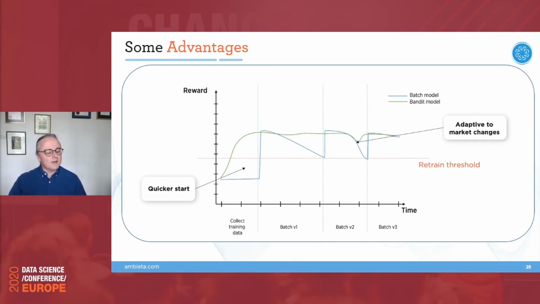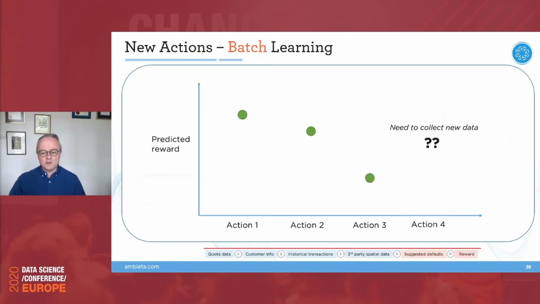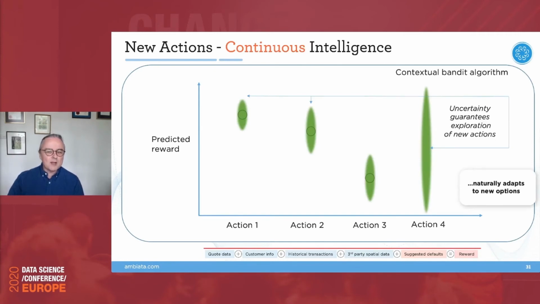There's also another advantage, which is what happens when you introduce a new action. In the batch learning model, you basically have to start throwing random actions at people again. So you have to reset your training data to include the new action. However, in a continuous intelligence algorithm, because you're basically building a model that has uncertainty built in, when you introduce a new action, that model is very uncertain about that.